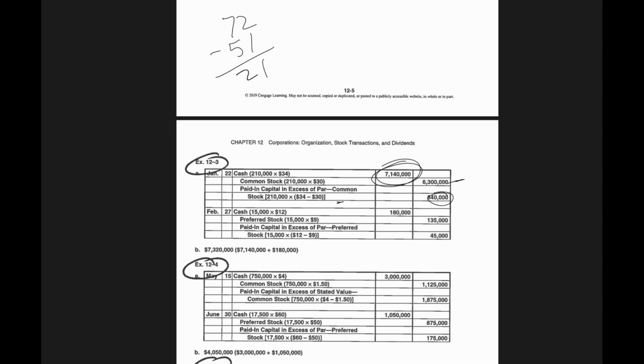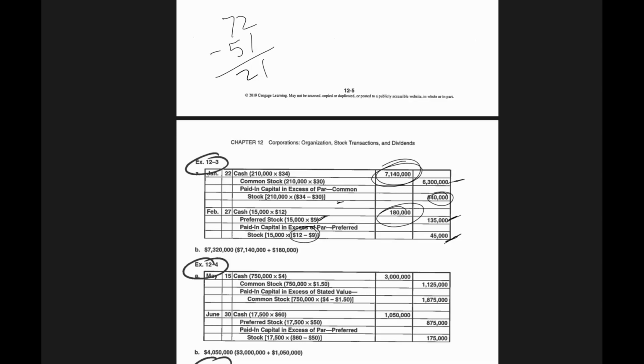On February 27th, they issued 15,000 shares, and again, we'll take it first times the par, $9, 135 grand. It was sold for 12, so there's another $3 more, which is going to go to paid in capital. So $3 times 15,000 is 45 grand, the sum of which is 180.